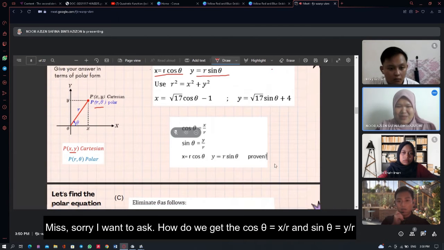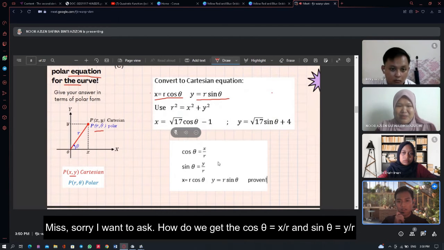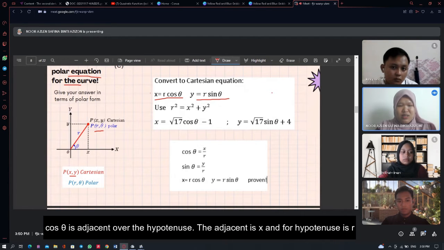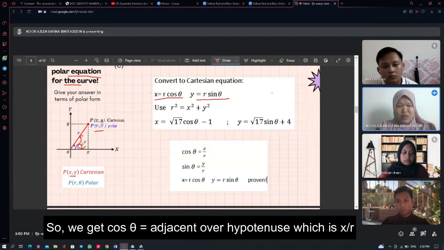Miss, excuse me, can I ask how do we get cos theta equal to x over r and sin theta equal to y over r? Okay. Cos theta equal to x over r, we get it from this. Cos is adjacent over hypotenuse. So the adjacent is x, and the hypotenuse is r. So cos theta equals adjacent over hypotenuse, which is x over r.